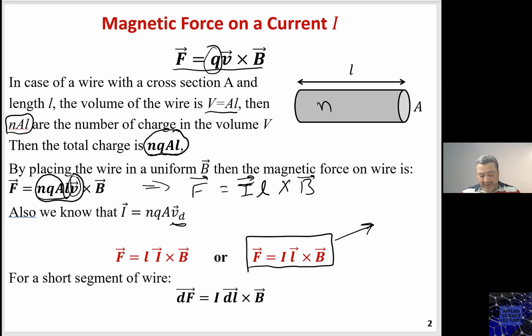Now, this is for the uniform case. If I have a non-uniform case, then I have to use integration. In this case, I will be looking at the dL as a differential element here.